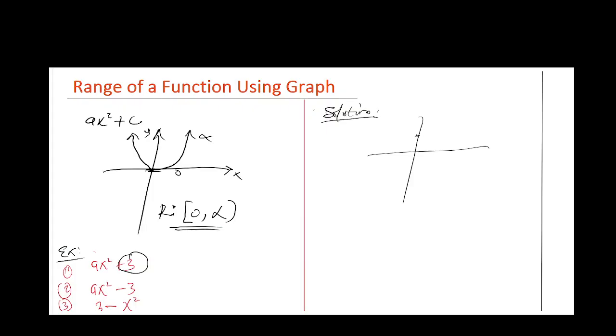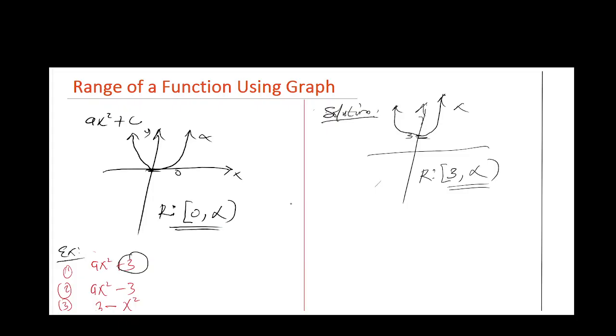Let's take that our 3 is somewhere here. Then we can draw the parabola. So this is our infinity and this is 3. How do we now write the range? We can say, because 3 is included, that our range is from 3 to infinity.